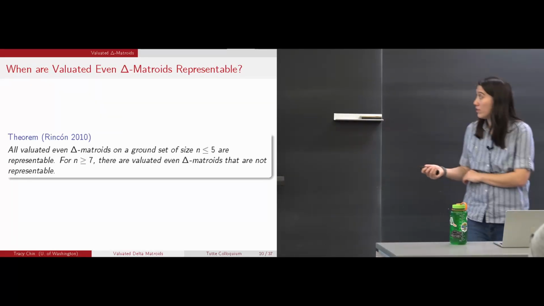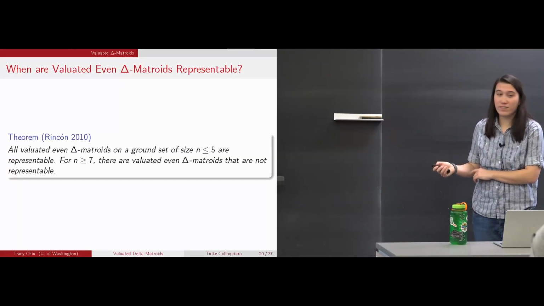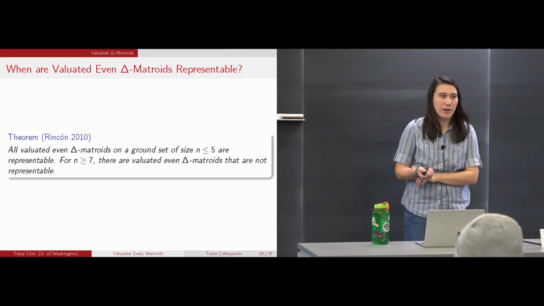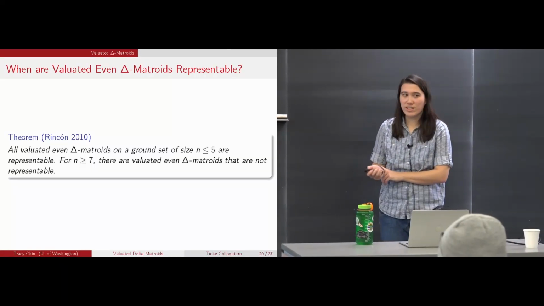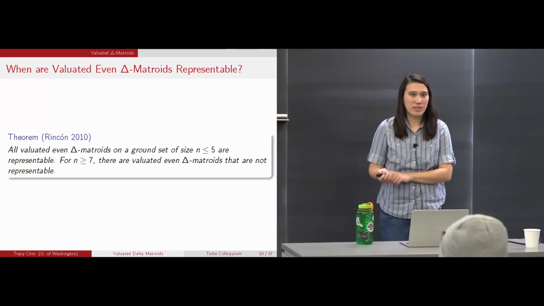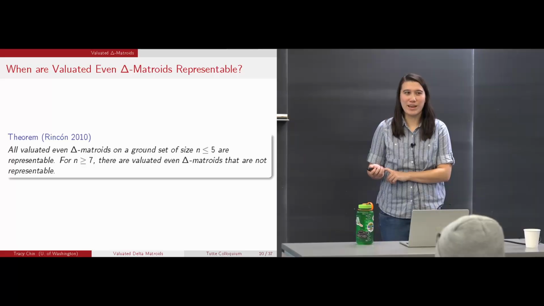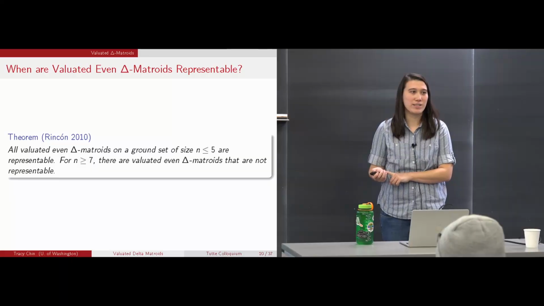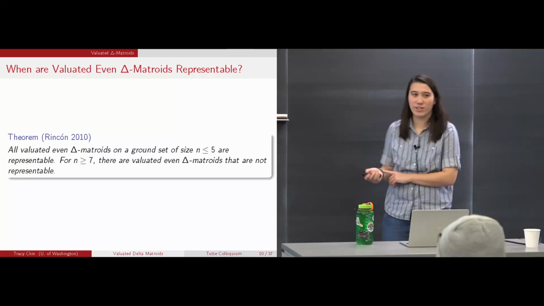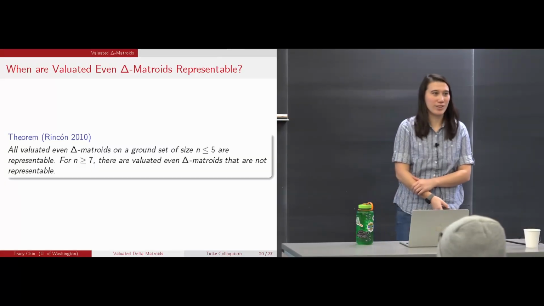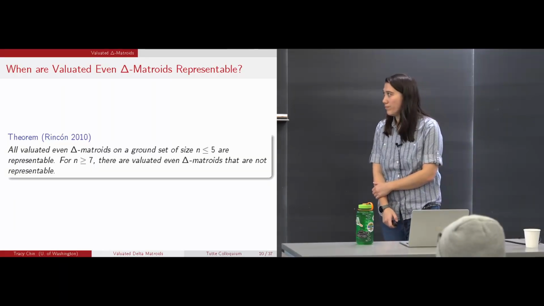It turns out that for small n, the size of our ground set, all of them are representable. For n at least 7, there are non-representable ones. For n equals 6, as far as I'm aware, that is still open. Basically, the way Rincón proves this for n at most 5 is that there just aren't that many delta matroids on 5 elements. It's few enough that GFan is willing to finish the computation of all the possible valuated delta matroids on that support, and then you can just check that all of them are representable.